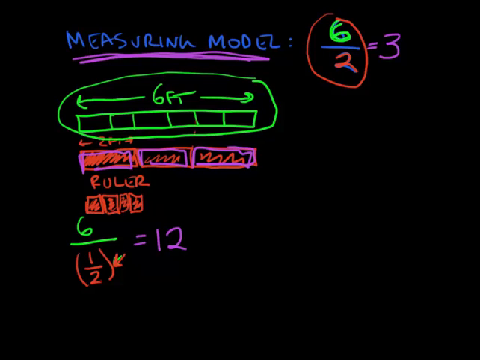And so this is a nice way of reasoning about why, when we divide by a smaller number, the result gets larger. It's because our ruler is getting smaller, and so it takes more rulers in order to measure the same thing. This is a very nice way of thinking about things, and it also helps us make sense of why we need common denominators. We're going to get to that in a second.